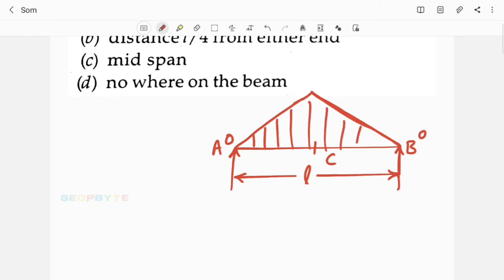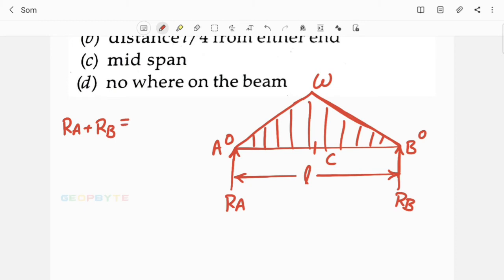Here the load is W. It is looking like a triangle. The area of the triangle will be equal to the sum of the reactions RA, RB. So RA plus RB is equal to the sum of the point loads.